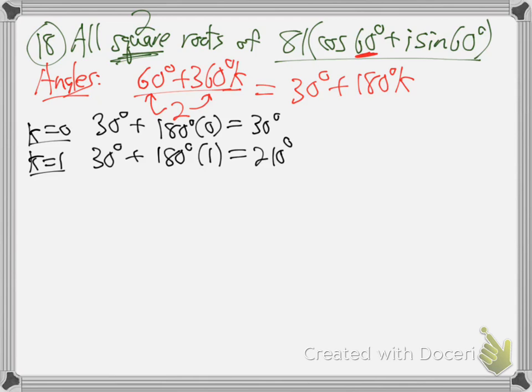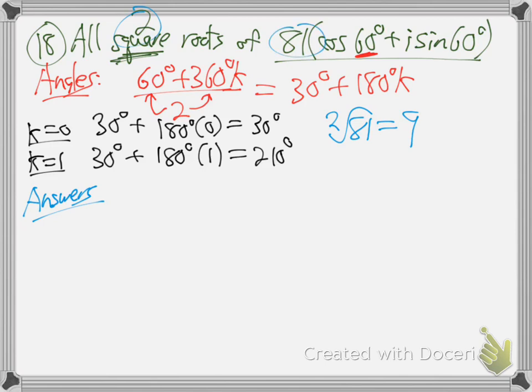All right, so now we can go to the overall answers. What are the answers to the problem? What do we put in the front? What's the number in the front going to be? 9. Good, because it's the square root of 81, right? It's the 2 root of 81, which is 9.